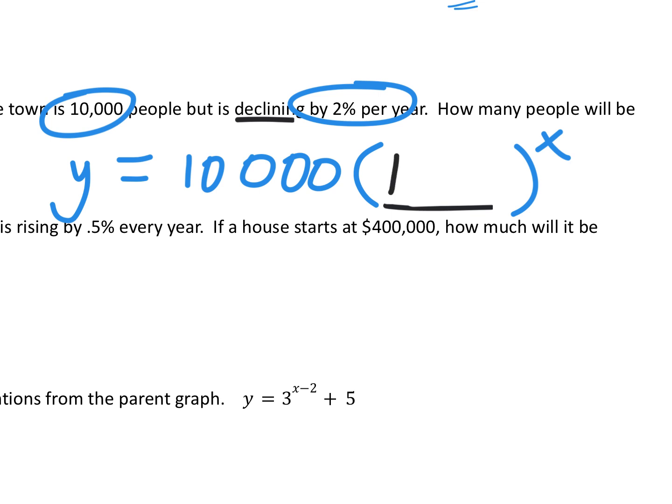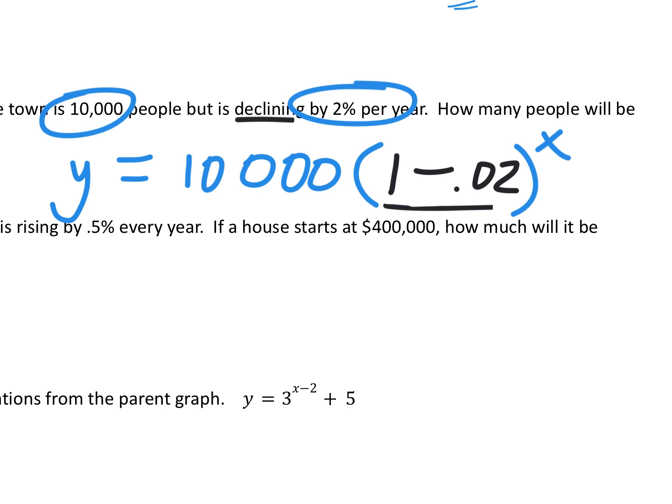Always put a 1 plus something or a 1 minus something. If you do it the 1 plus or the 1 minus, you'll get these right. Because if I want it to go down by 2%, I do 1 minus 0.02. If I wanted it to go up 2%, I would put a plus right there, and it would have worked.